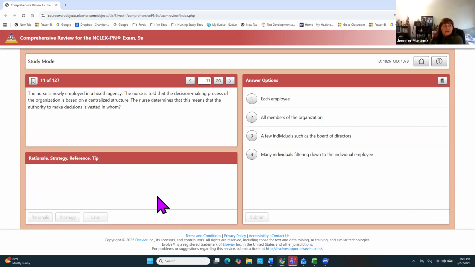All right. The nurse is newly employed in a health agency. The nurse is told that the decision-making process of the organization is based on a centralized structure. The nurse determines that this means the authority to make decisions is vested in whom? 1, each employee. 2, all members of the organization. 3, a few individuals such as the board of directors. Or 4, many individuals filtering down to the individual employee.